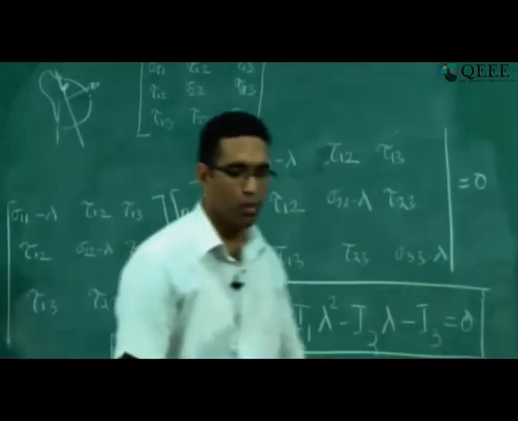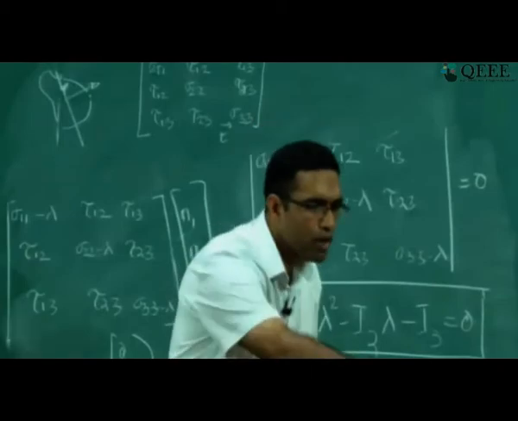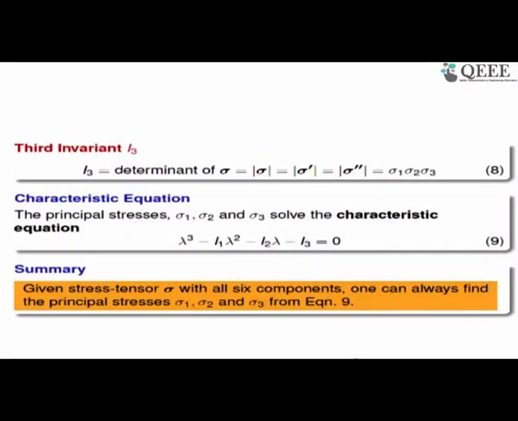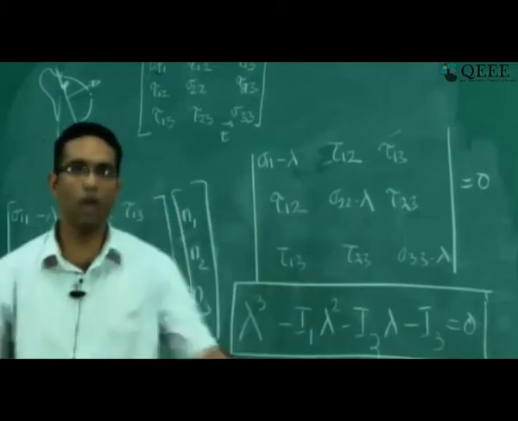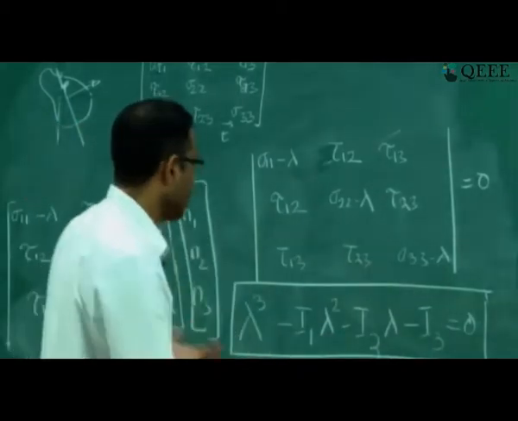Okay, I get a cubic equation in lambda, and that should be on slide number 9. You can take a look at it on slide number 9. Somebody, if they're there in your college, you can ask them to change to the slide number 9. You will see equation number 9, which is basically the equation that I have written on the board also. It's a cubic equation in lambda for which you can solve for lambda. Okay, you can find the values of lambda, right?